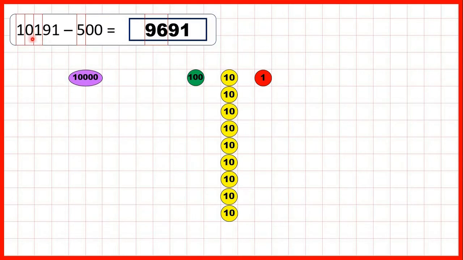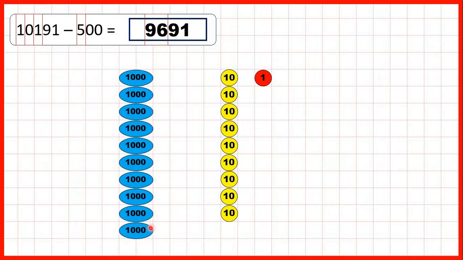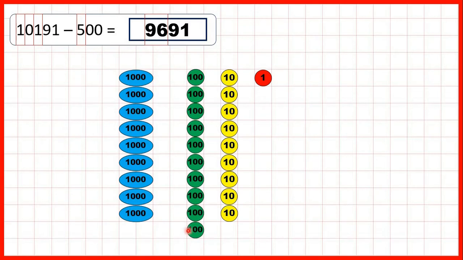But then we had 10,191, which we've shown here, but we needed to subtract 500. Now we can subtract one 100 counter, but then to get more hundred counters, we need to exchange. We can exchange our 10,000 counter for 1,000 counters, and then we can take one of those 1,000 counters and exchange it for 10 hundreds.